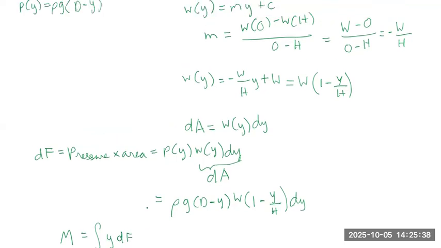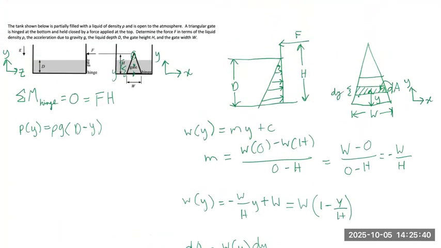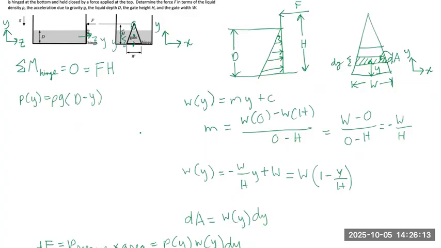How this makes sense is that y is the distance from the bottom of the tank to the differential area, and moment is equal to force times the arm length. This water is trying to push on the surface of this gate at a distance of y. Basically, the force is acting at a distance of y, and the force comes from this hydrostatic pressure.